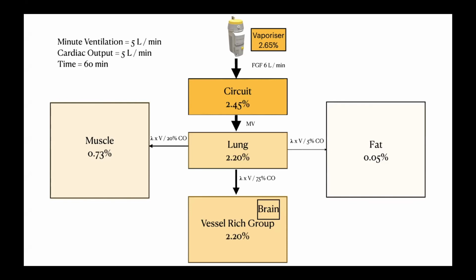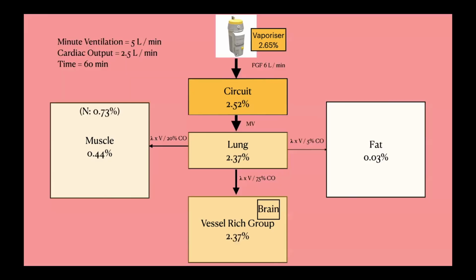And finally, this is the one at 60 minutes. Again, this is your normal patient with 5 liters per minute. You can see that it finally ends up at 2.2%. With someone with a slow cardiac output or 50% reduction, this is at 2.37%, so a lot higher. And again, the explanation for that is because distribution to your muscle is reduced.